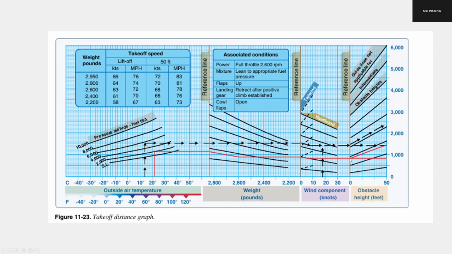If we had to clear a 50-foot obstacle at the end of the runway, we would follow the slope of this line up all the way over to 50. Or if we're not clearing anything, we'll go straight over. And then you have your takeoff distance. In this case, it looks like about 900 feet. This looks like about 1,500 feet, close to 1,500. So that's how you do these.